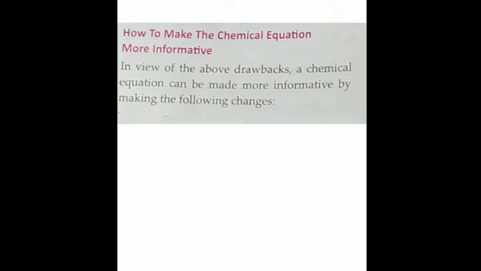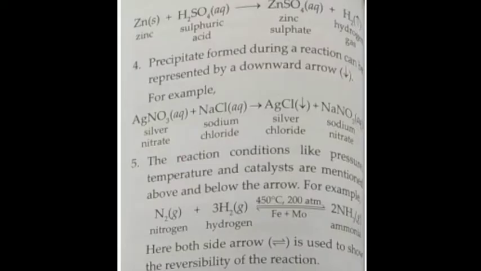Then the gaseous products formed during the reaction can be represented by an upward arrow in a bracket. For example, zinc, which is solid, small s, plus H2SO4, which is aqueous. In this reaction, zinc plus sulfuric acid gives you zinc sulfate, that is aqueous.